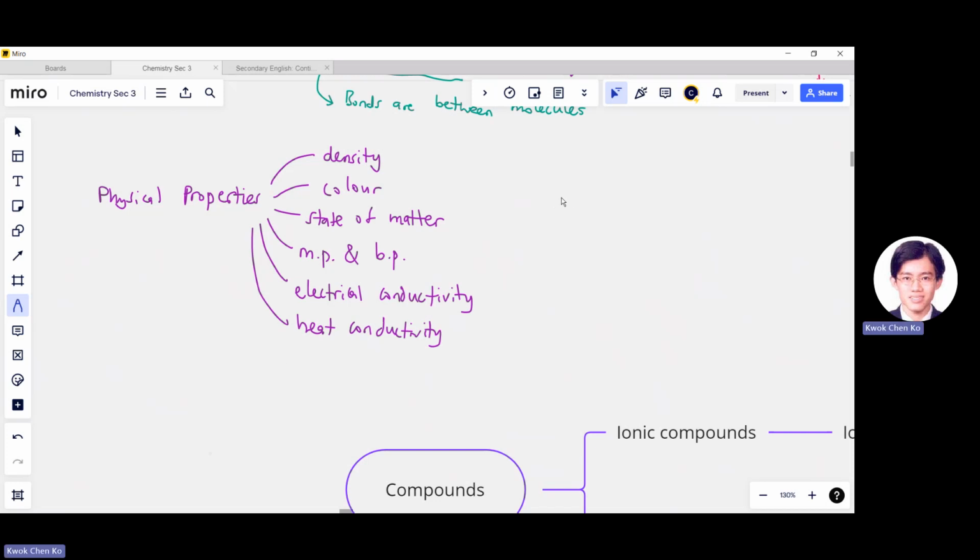Take note of these physical properties. You'll definitely be asked about this in other chapters as well.